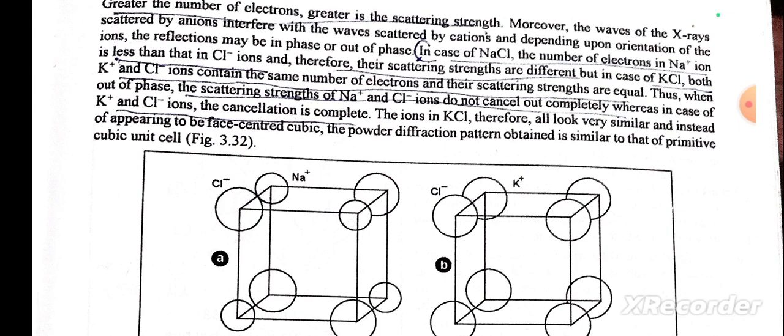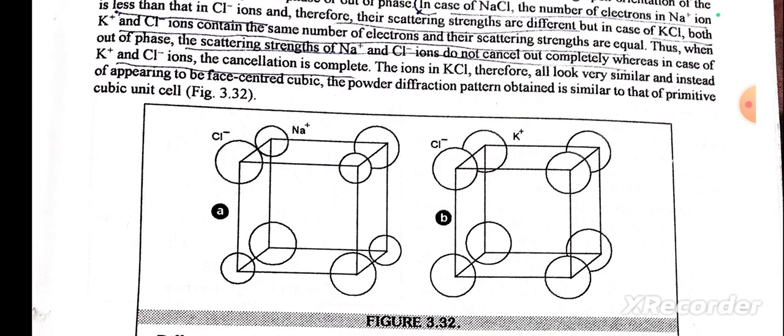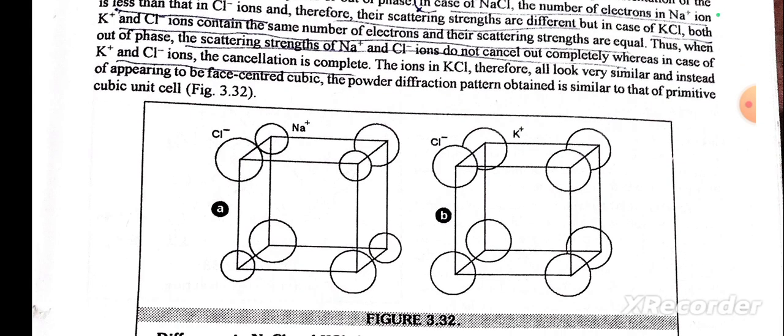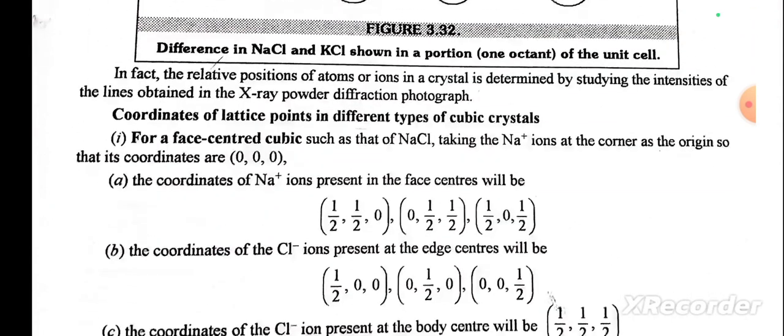Therefore, in the case of KCl, the cancellation is complete, and the ions in KCl look very similar in appearance to a primitive cubic cell. The powder diffraction pattern obtained is similar to that of the primitive cubic unit cell.